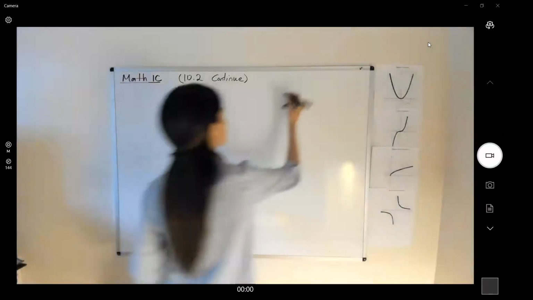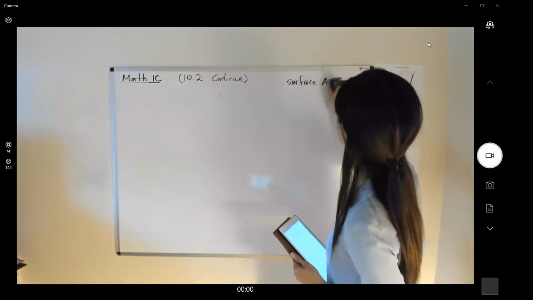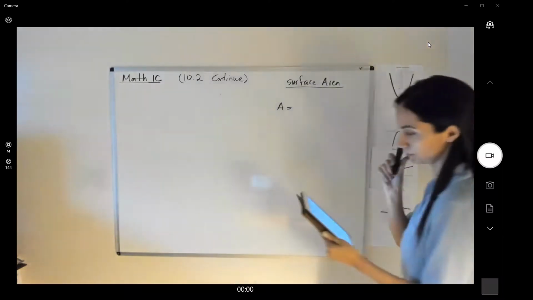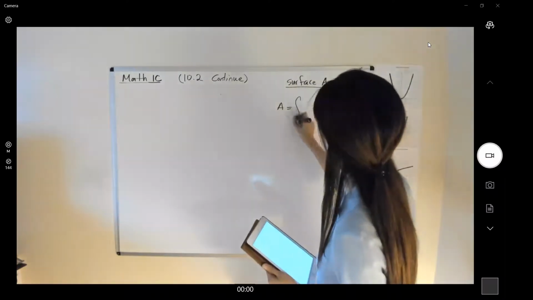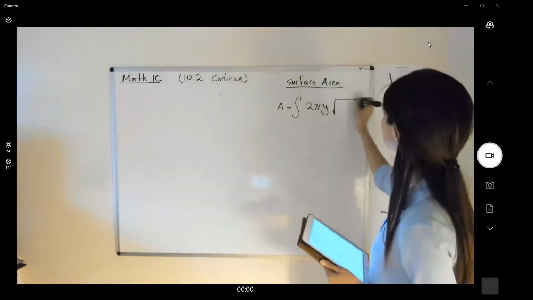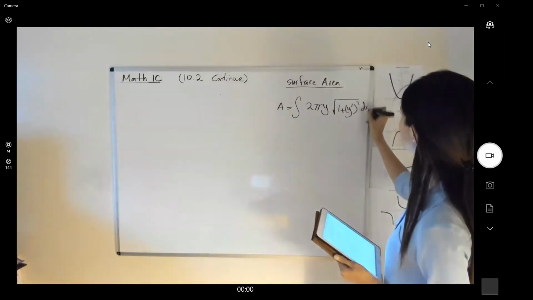The formula for your surface area, what you learned before, is A equals the integral of 2 pi y times square root of 1 plus y prime squared dx.